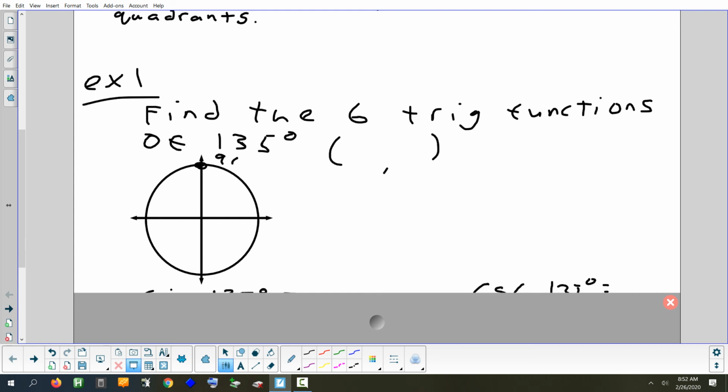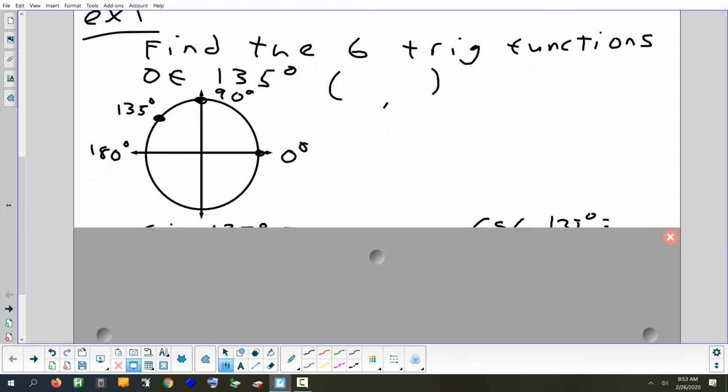So here's 90, 0, 180. And we want to figure out where 135 is. Right in between 180 and 90. It's exactly halfway between 90 and 180.